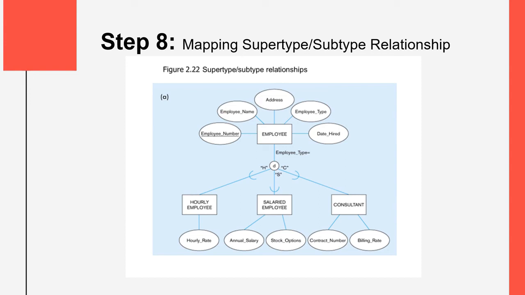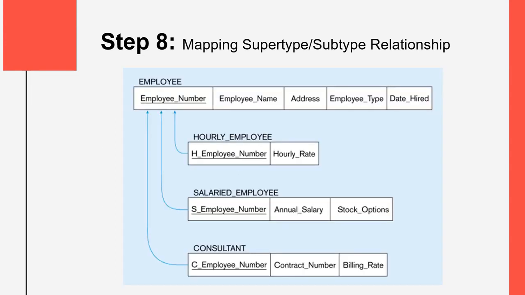So let's see how it is mapped into a relation table. Here is how we map the relation table, where we create the relation tables based on the names of the subclasses and put all the attributes. These are the attributes for the hourly employee, salaried employee, and also consultant.